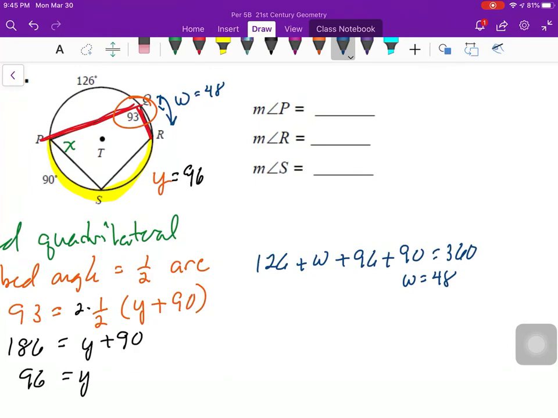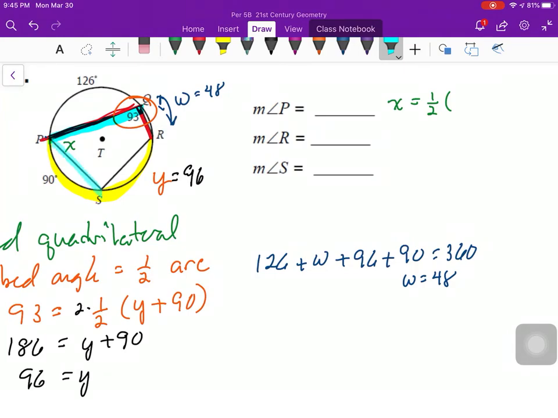Okay, now the reason that was helpful is now I know all of the arcs. So if I'm looking for angle P, which was my x, that's an inscribed angle. That's going to be equal to half of the intercepted arc.